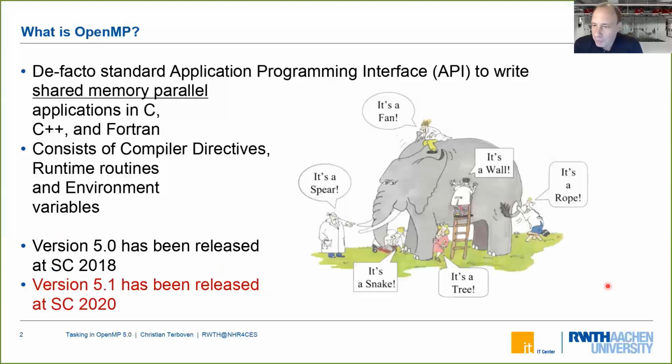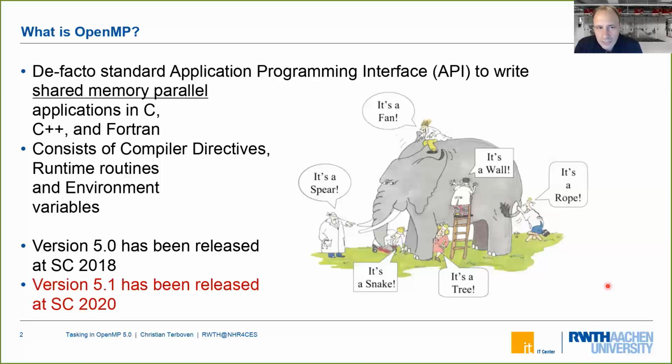So what is OpenMP? Georg said OpenMP is around for quite a while, but at the tutorials, many people I met still believe OpenMP is pretty much about parallel region and the work sharing. And if you take a closer look at the standard or books and also our tutorials, you will notice that OpenMP has been extended in recent years.